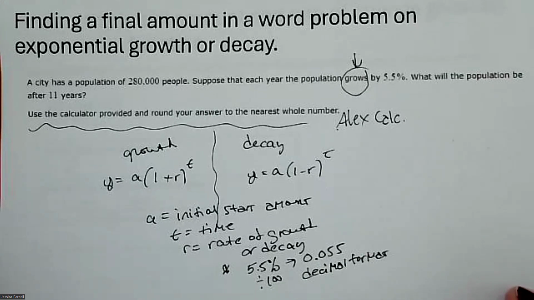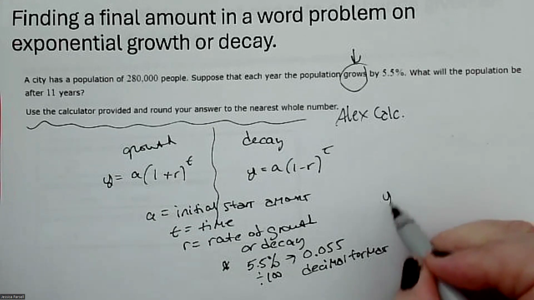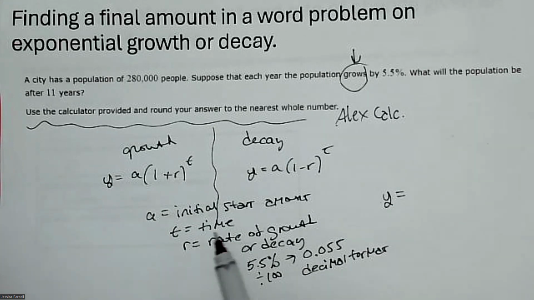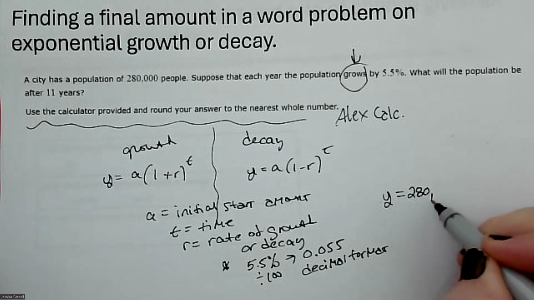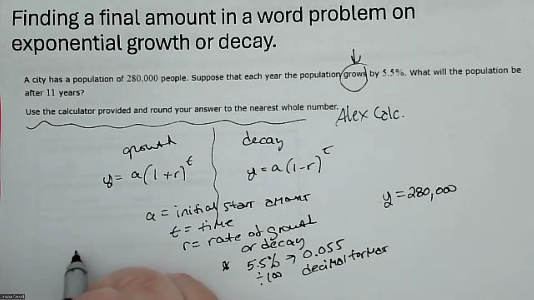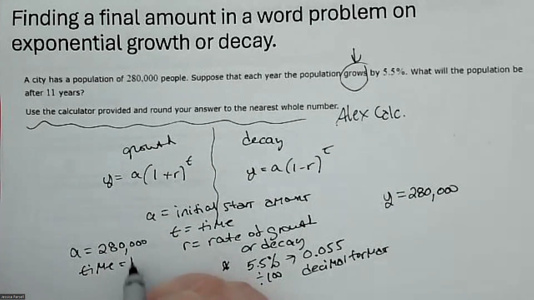Okay, so let's write out this little equation. We know it's a growth. So I'm going to go with y is equal to the initial start amount, which was 280,000 people. That's our A. In fact, we could write that out as a little key: A is equal to 280,000. Time is equal to what they say, 11 years.